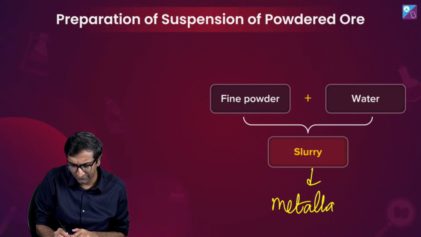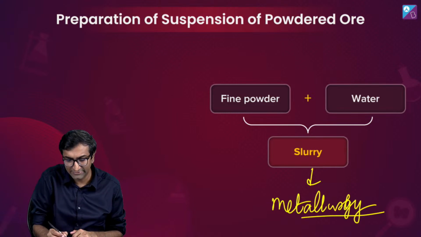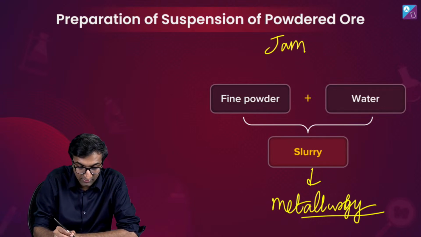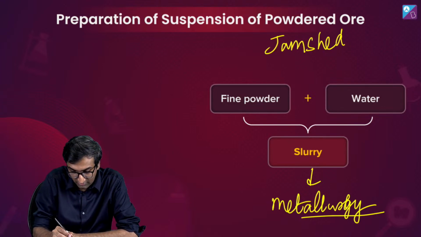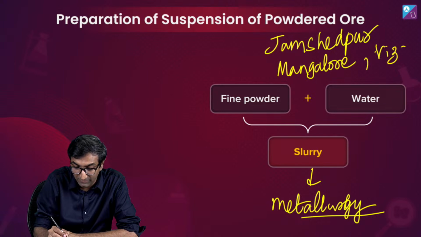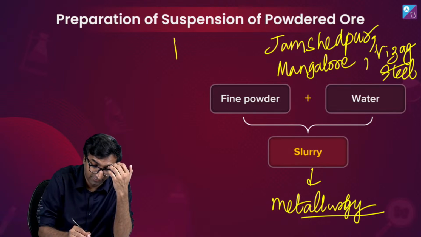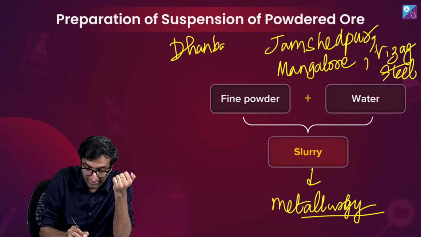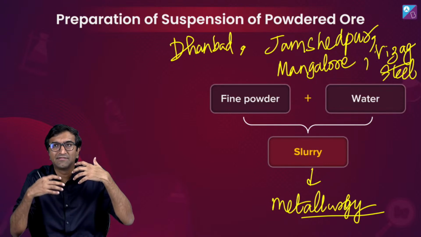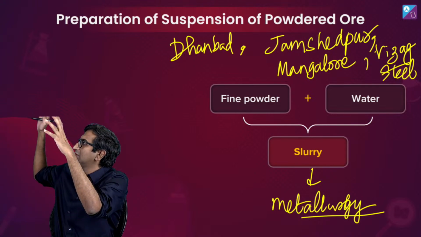If any of you live near an industrial town like Jamshedpur or Tata Nagar or Mangalore or even Visakhapatnam, Vizag, all of these places have very, very big steel factories. And obviously Dhanbad, right? You would have seen, and the whole place smells of metal. Like when you pass by this, you can see huge things of red colored thing.